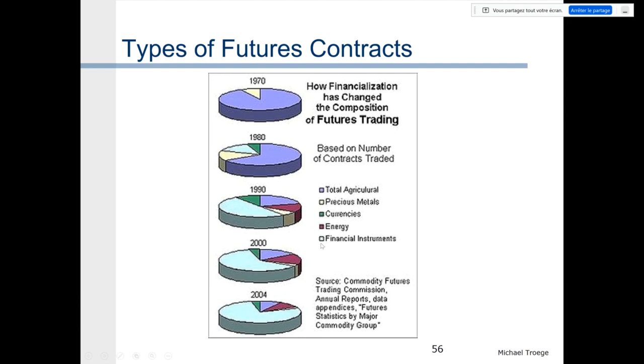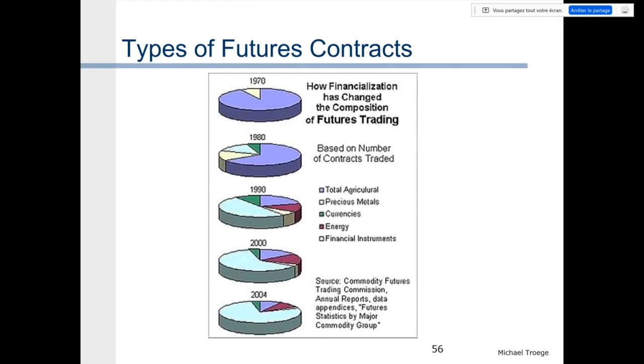You can see that in the 80s, and as time goes by, the turquoise part is increasing constantly, and the green part is increasing a little bit. What is this turquoise part? This is financial futures. Since the 80s, the market for bond futures and stock index futures has grown tremendously, and it has continued to grow; it is today the most dominant futures market.